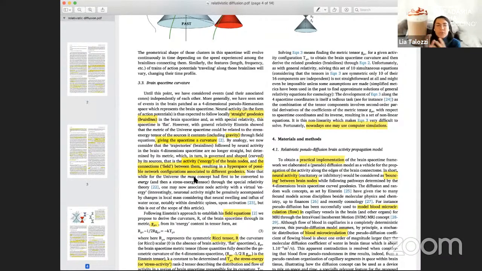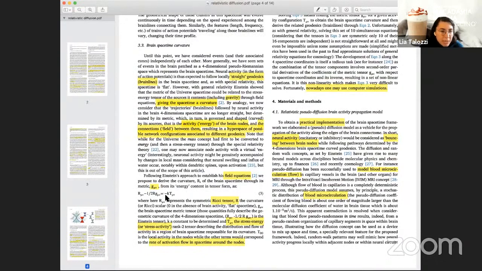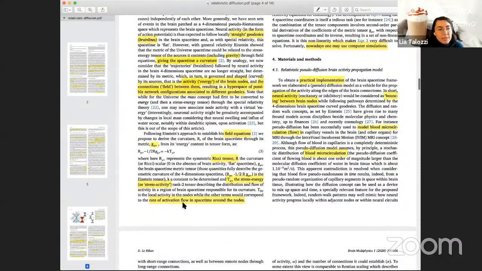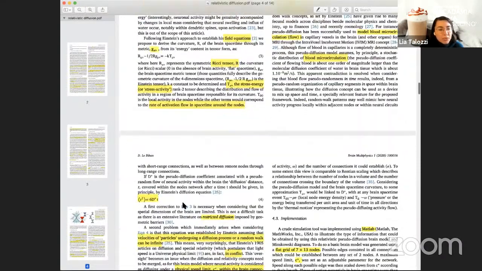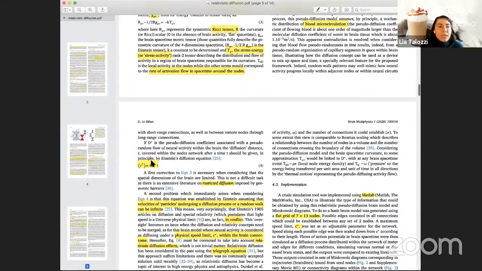So we are also discussing time, and to do that, in the paper they propose a new modeling. I'm not going into the details, but for example, another discussion is whether there is diffusivity between axons, and this diffusivity, as we have usually seen, follows the equation of Brownian motion.